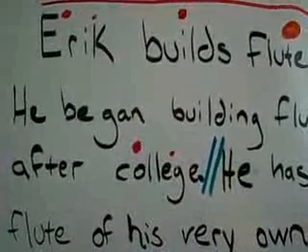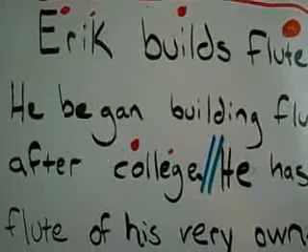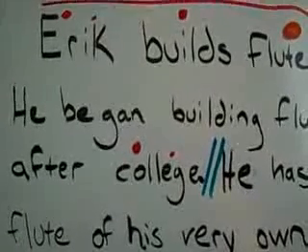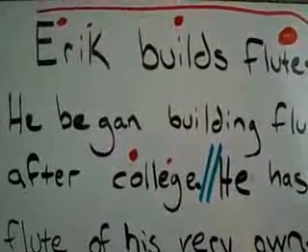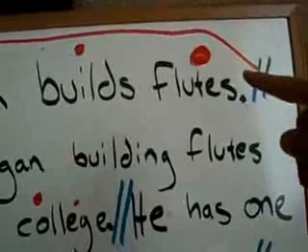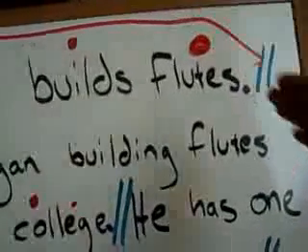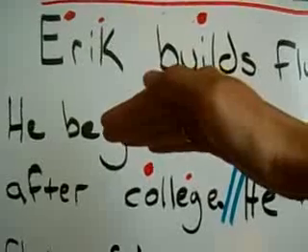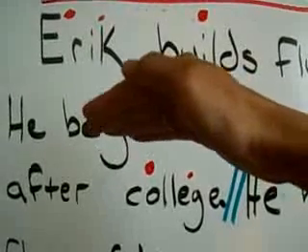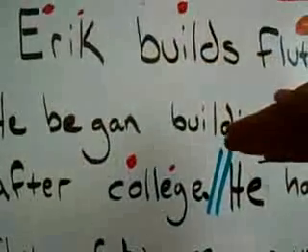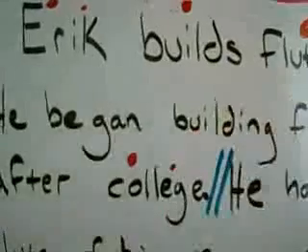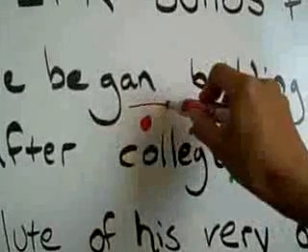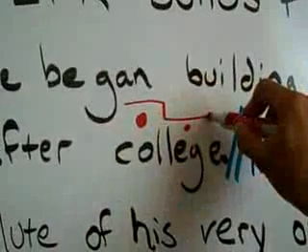And because college has two syllables, our voice falls a bit differently in contrast to flutes. Flutes had one syllable, so our voice glided down. With college, two syllables, our voice sort of steps down. College, from one level to the next, from a higher level to a lower level.